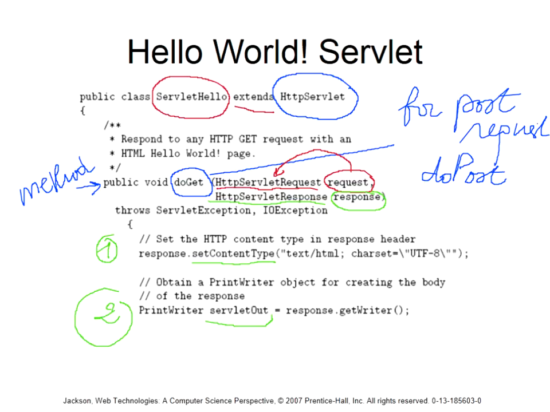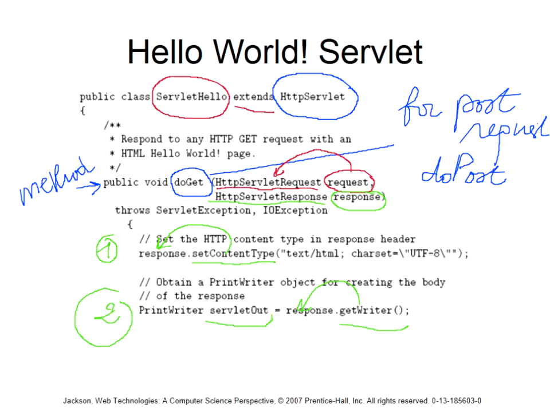And to create this PrintWriter, I just have to invoke the method getWriter in response. So when I write response.getWriter, that means I invoke the method getWriter in the object response. Like this, setContentType in the object response. So servletOut here is not to display, but to prepare my response.